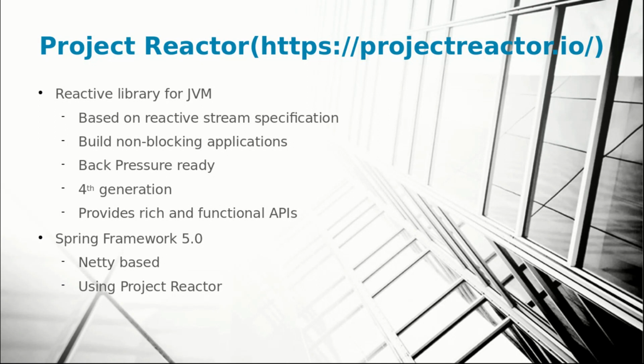It is back-pressure ready and fully complies with the reactive streams specification. That's why it's called a fourth-generation reactive API. If you take Akka, Eclipse Vert.x, or RxJava, they are not fully complying; there are lapses in the implementation. But Project Reactor fully complies with the reactive streams specification.